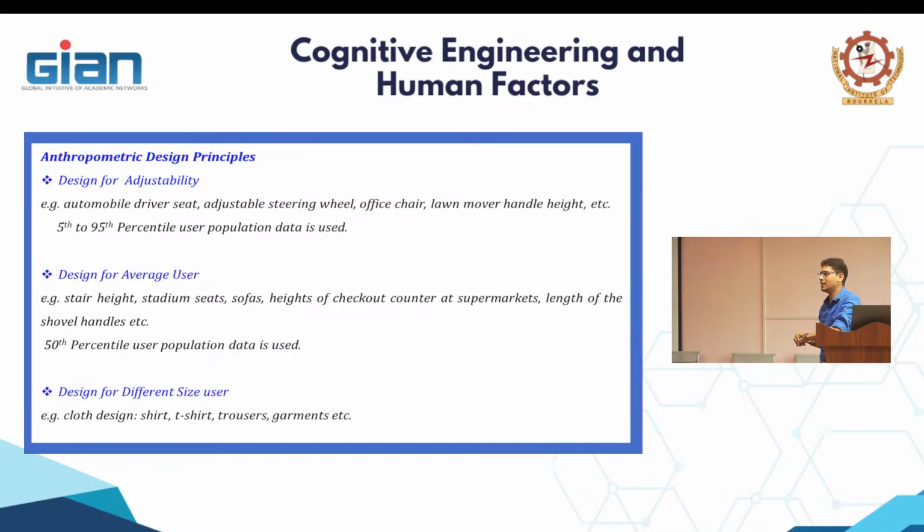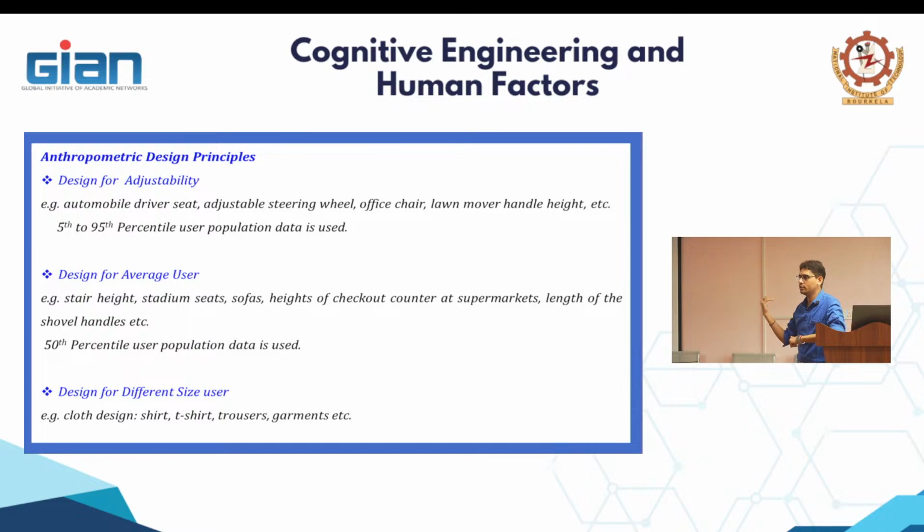Then design for adjustability. When design for extreme cases fails, that time we go for design for adjustability. In design for adjustability, we consider everything in between, the fifth to 95th percentile of data: adjustable seats, adjustable tables, or whatever.